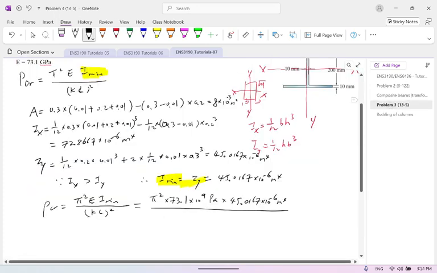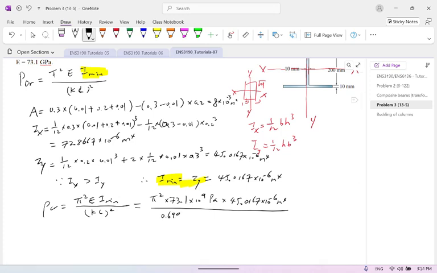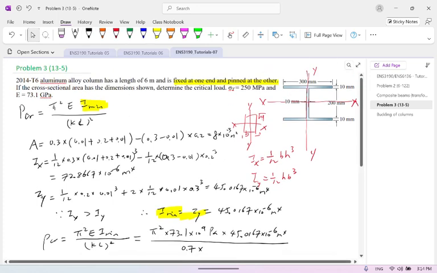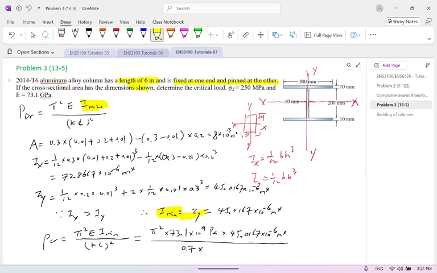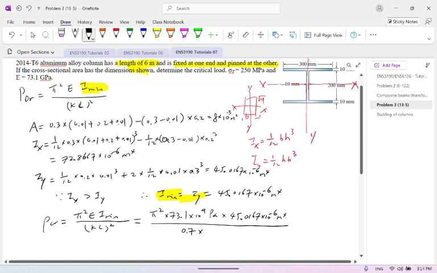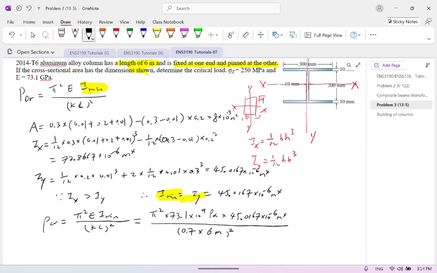I just say 0.7, times L, the length, which will be 6 meter. So the whole thing is times 6 meter square. Then we can work out 1.84 times 10 power 6 newtons.